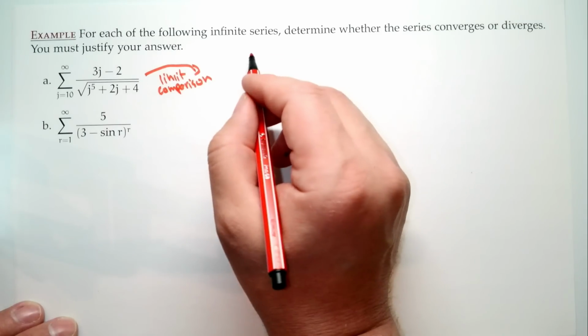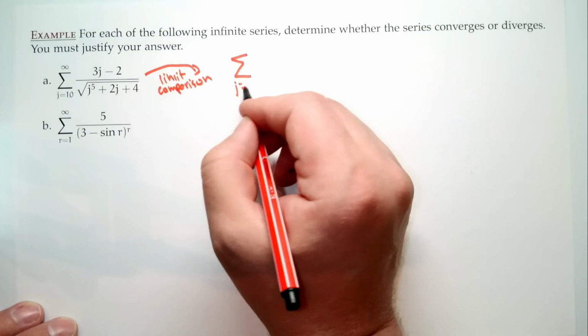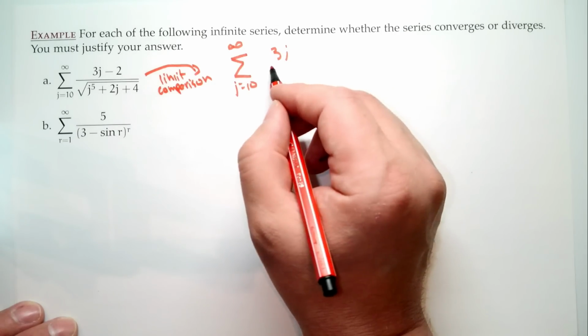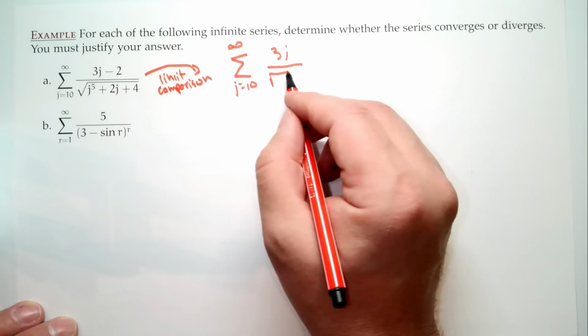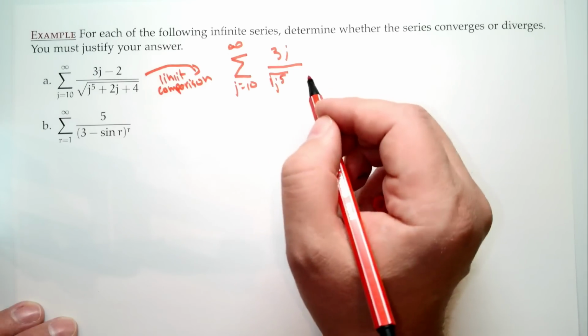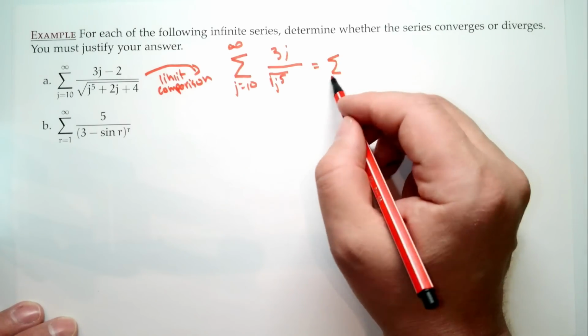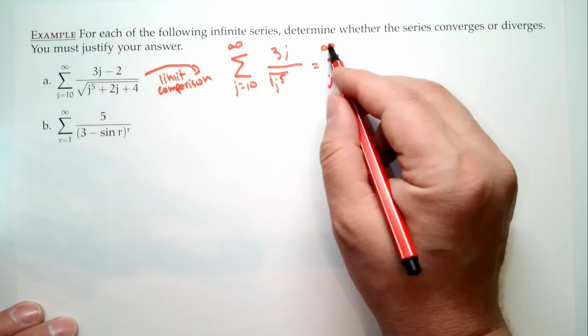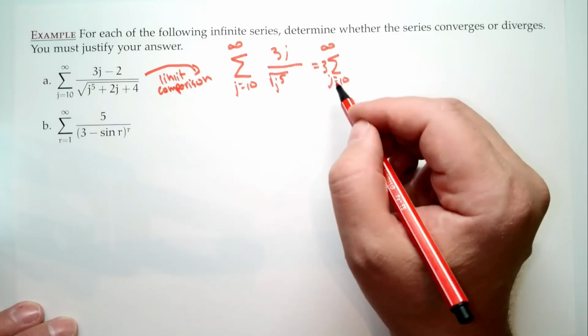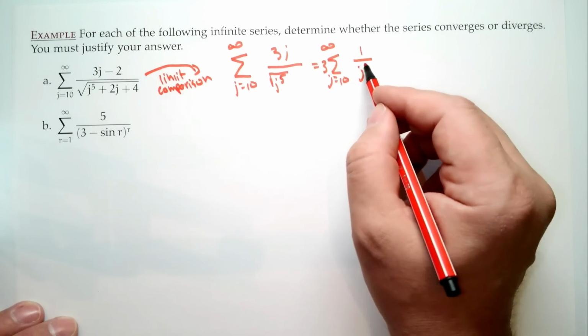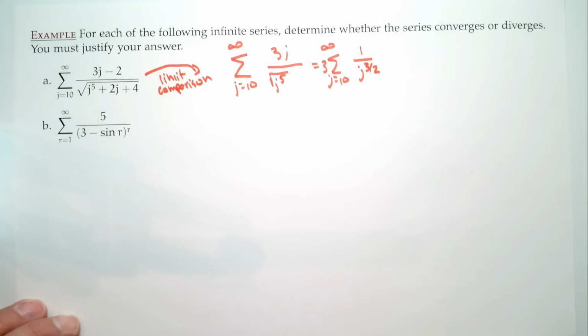And so in our case, what are we going to compare it to? The fastest growing term on the top is 3j. On the bottom, it's the square root of j to the 5th. So this becomes the sum, j equals 10 to infinity. I can pull the 3 out, and j over j to the 5th is 1 over j to the 3/2 power.